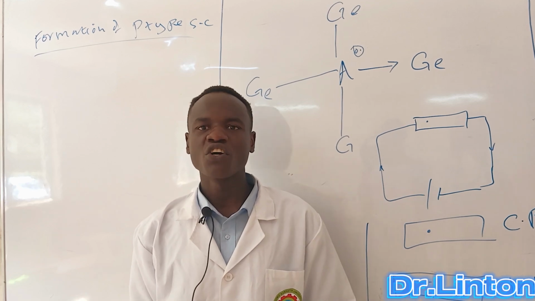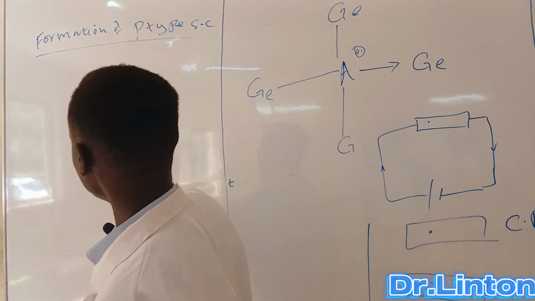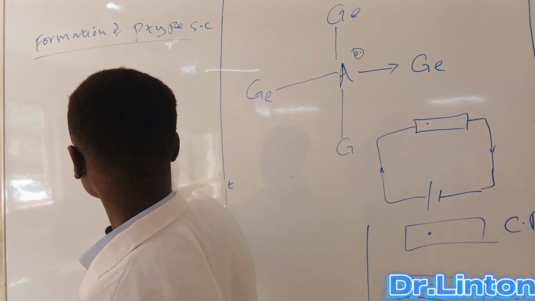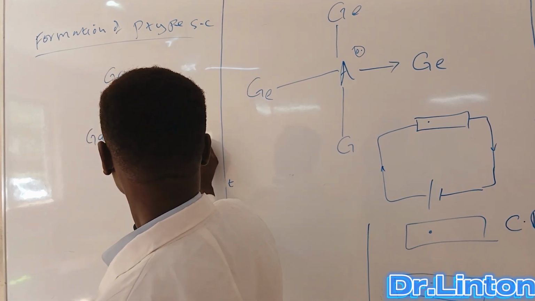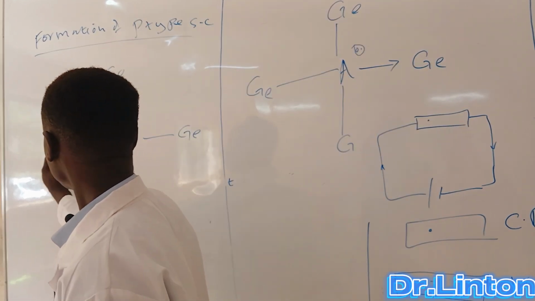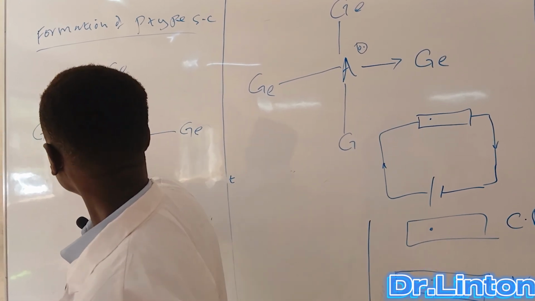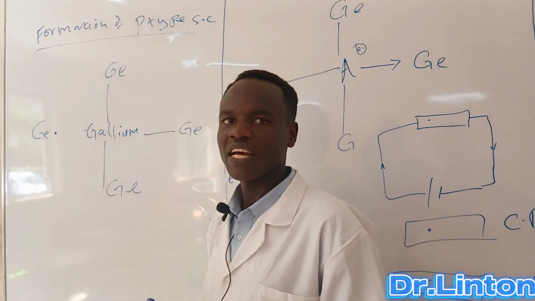If we have gallium here bonding with germanium, we notice that in the 4th bond, only germanium has introduced an electron.